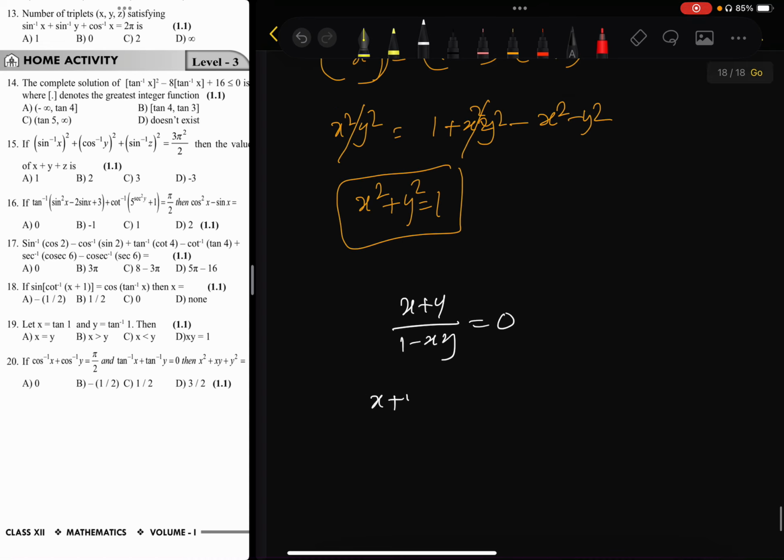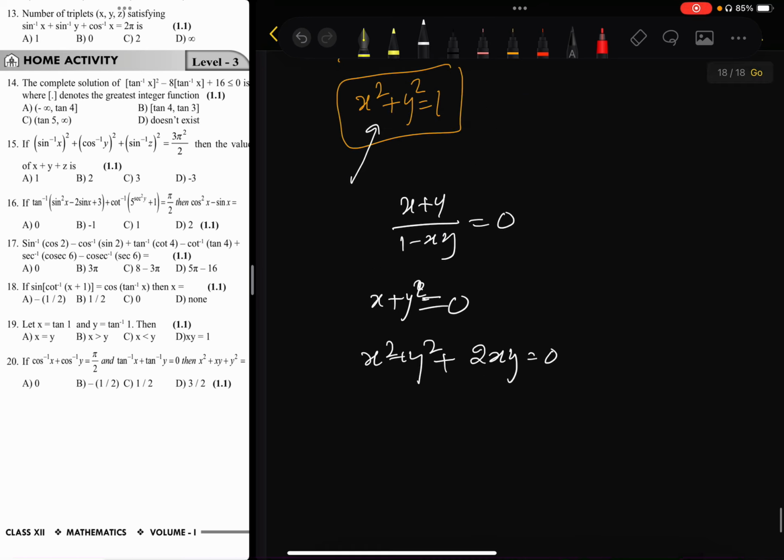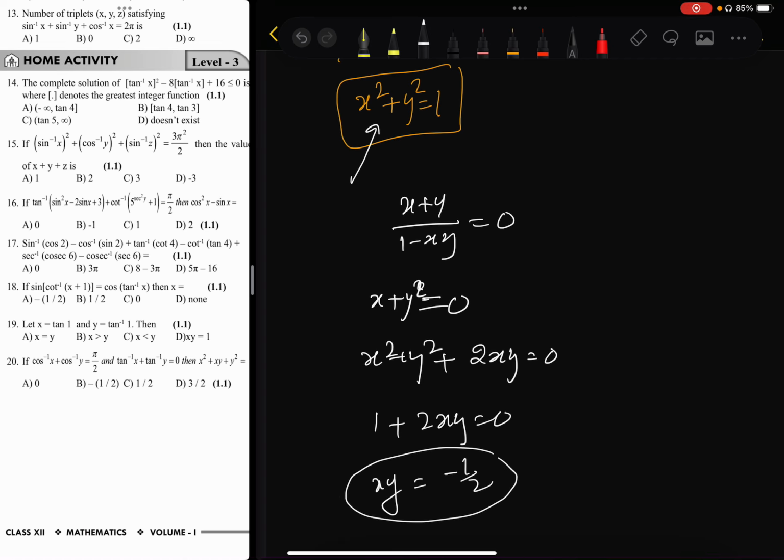So that means x plus y is equal to 0. Take square both sides, x square plus y square plus 2xy equals 0. Here x square plus y square is given as 1. So put 1 here. So this will become 2xy equals minus 1, and the value of xy is minus half.